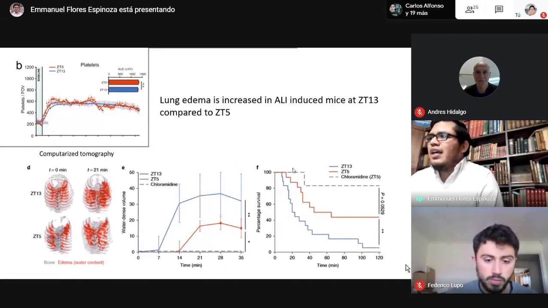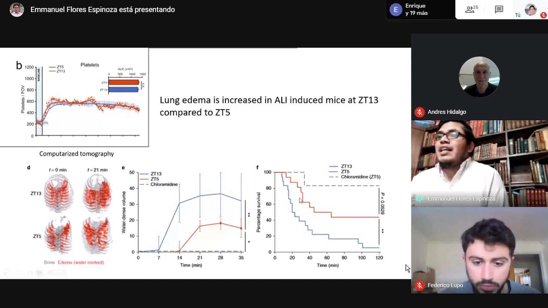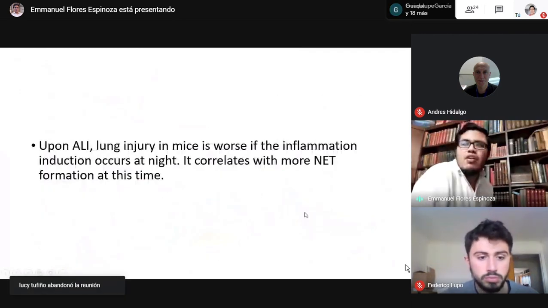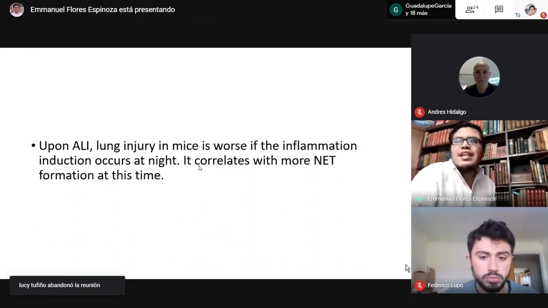They saw that this has an effect, and when you perform ALI at CT5, you have more survival when this is performed at night. So upon ALI, lung injury in mice is worse if the inflammation induction occurs at night. It correlates with more NET formation at this time.